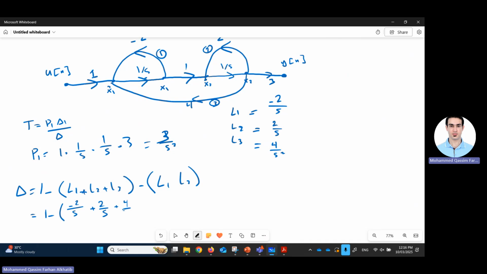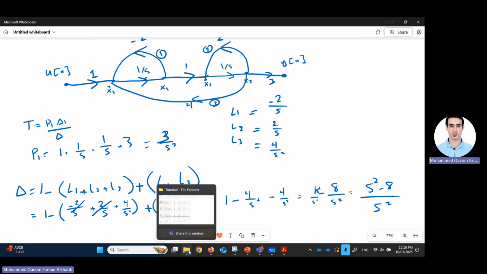Plus 4 over S squared, and then the product L1 L2, so sorry, this one is going to be plus, negative 4 over S squared. Okay, so these two will cancel each other. We have 1 minus 4 over S squared minus 4 over S squared, so 1 minus 8 over S squared, which is S squared minus 8 over S squared.